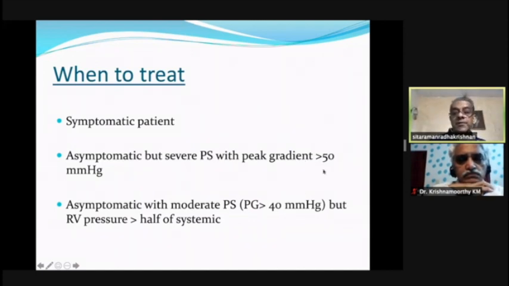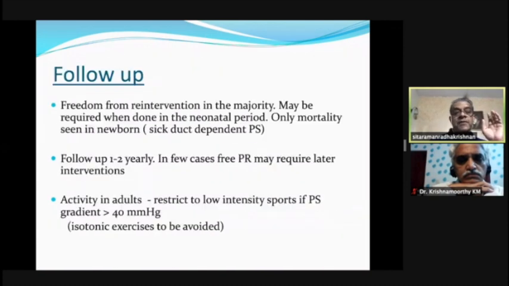But the most common indication is that on echo, if you have a peak gradient of more than 50, remember that it is peak gradient, not mean gradient, of more than 50 millimeters of mercury, one should treat it. Excellent results by balloon dilatation. You all know about it for valvar PS.